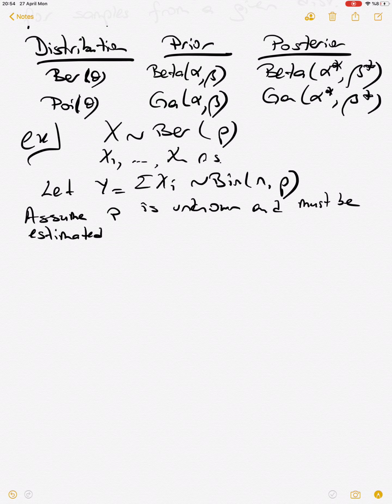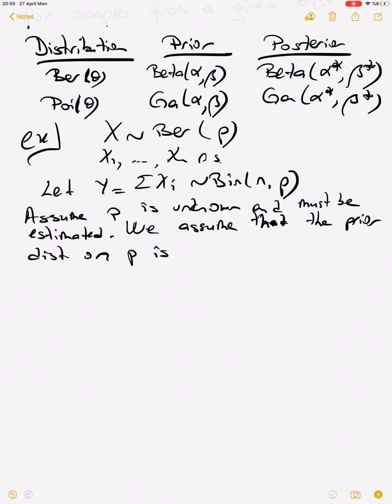Okay, and here we assume that the prior distribution on p is beta, alpha and beta. Okay, so this is an appropriate distribution for p. Why?